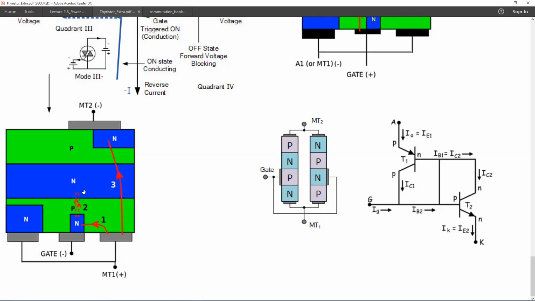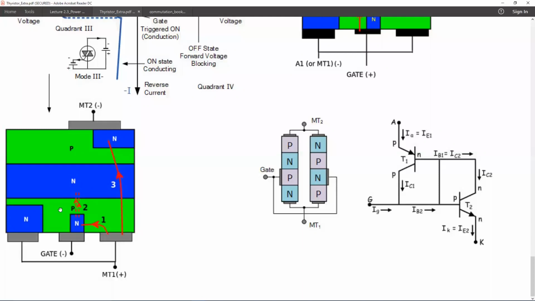But there is no direct connection between the gate and this region. But since this gate terminal is connected to an N-type material, if we provide enough negative carriers or electrons, some of the electrons will pass right through this P-type material without recombining.